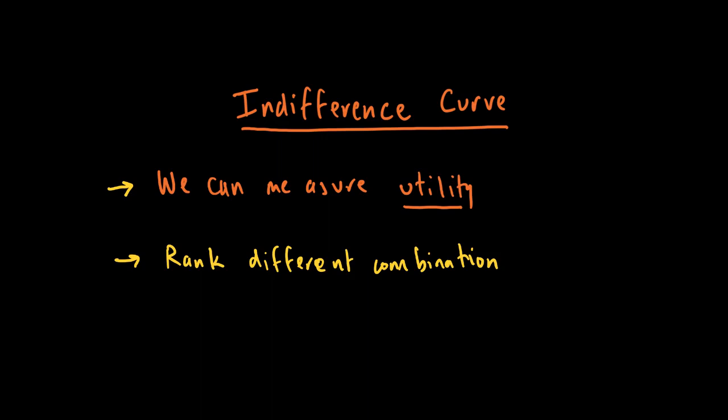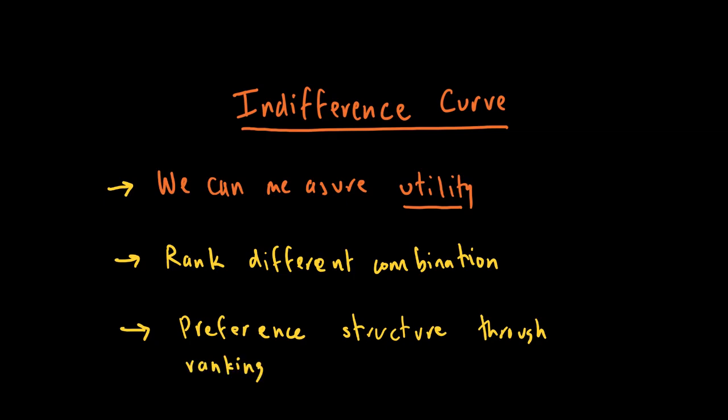But if I could do ranking, then by ranking combinations, we can build a consumer theory, or we can build a sort of preference structure. So our goal is to look at preference structure. Let me write this: preference structure through ranking.